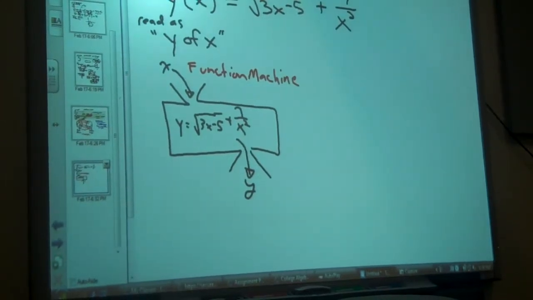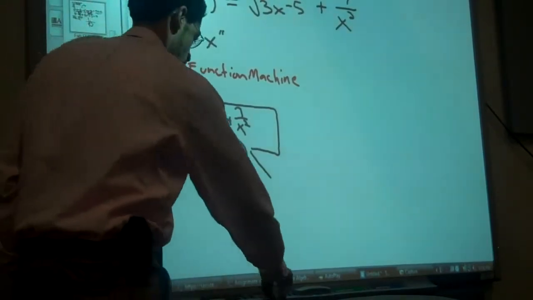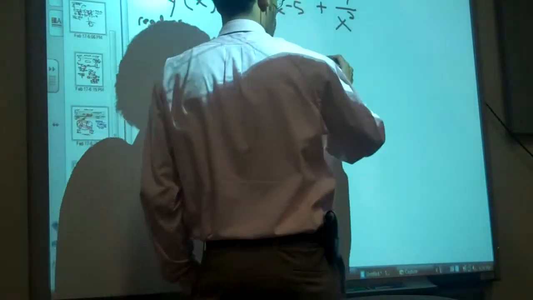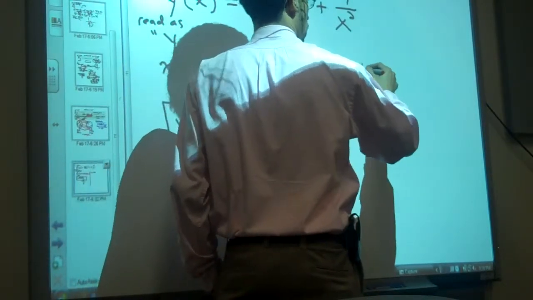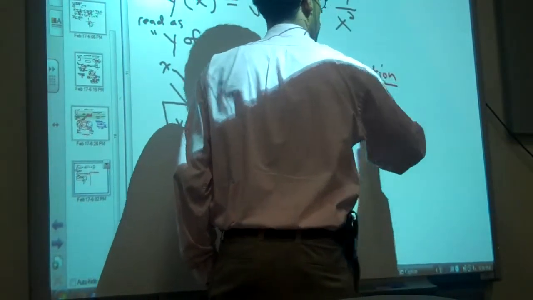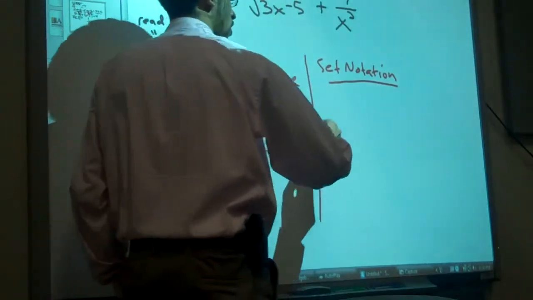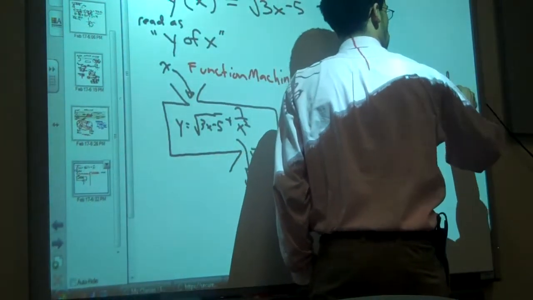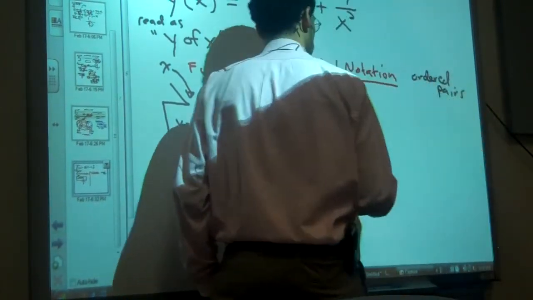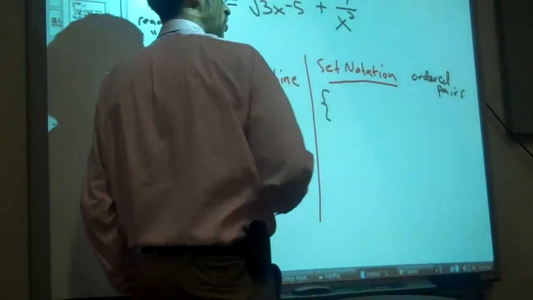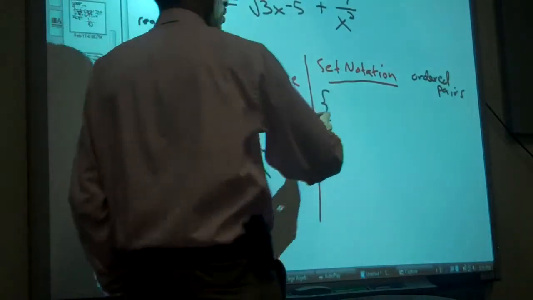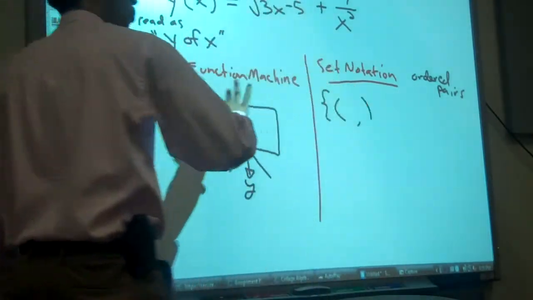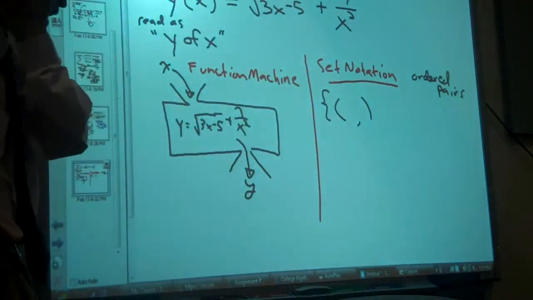We can represent a function in set notation, where we have a set of ordered pairs. Set notation is curly braces. And then the inputs and outputs are separated, just like we do in an ordered pair.